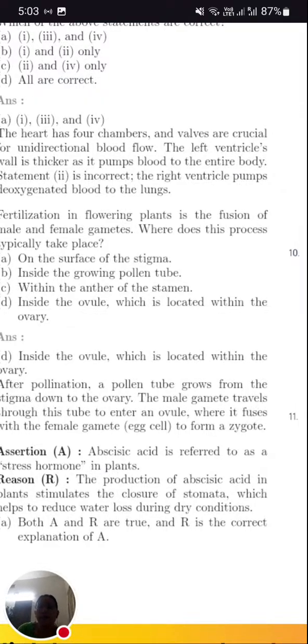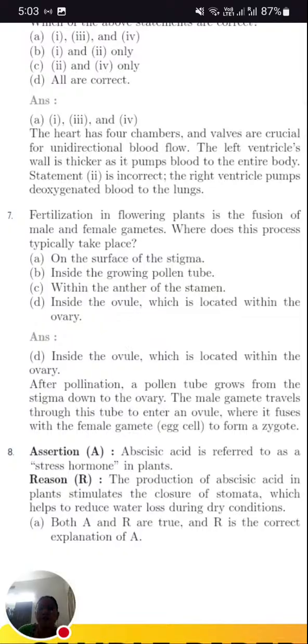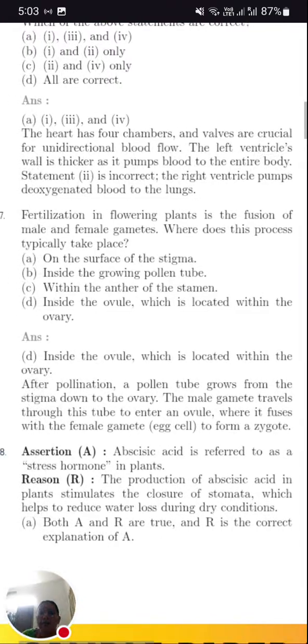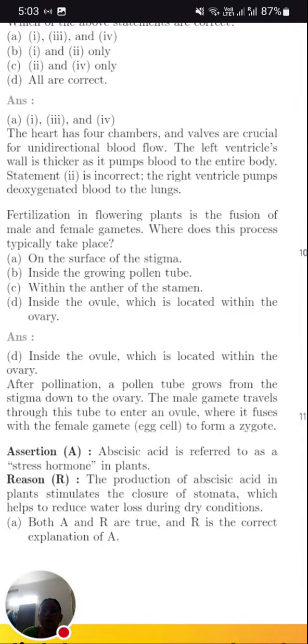Abscisic acid is referred to as the stress hormone in plants. Reason: the production of abscisic acid in plants stimulates the closure of stomata, which helps to reduce water loss during dry conditions. Stomata closing and opening depends on the water condition.